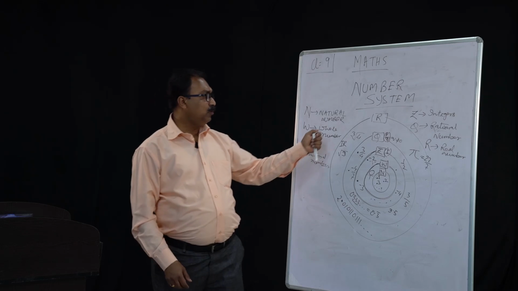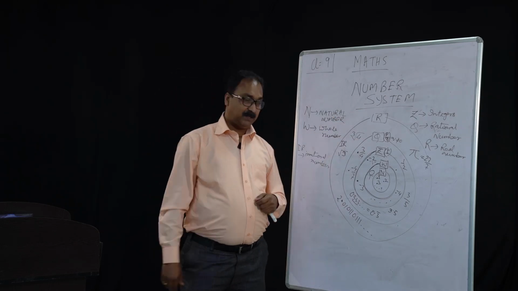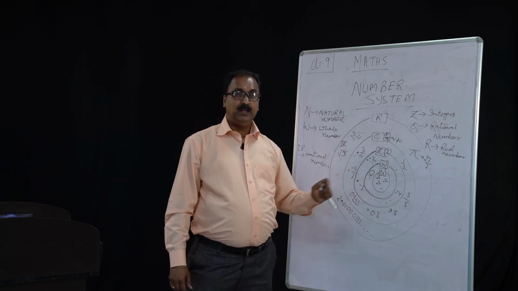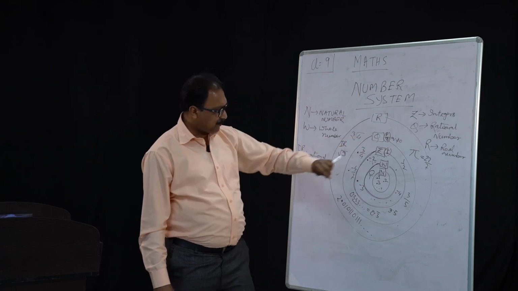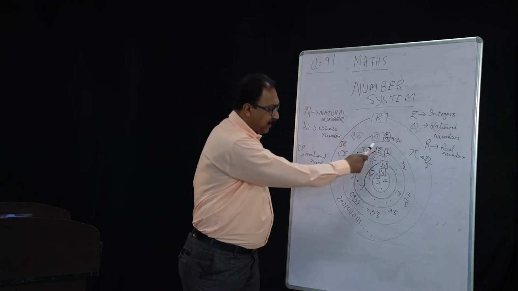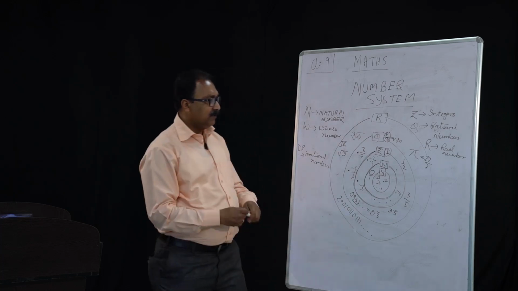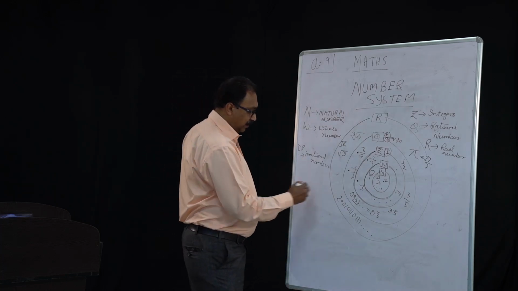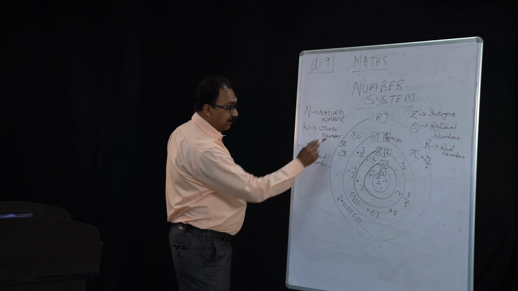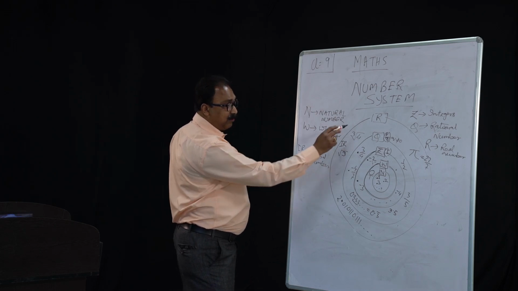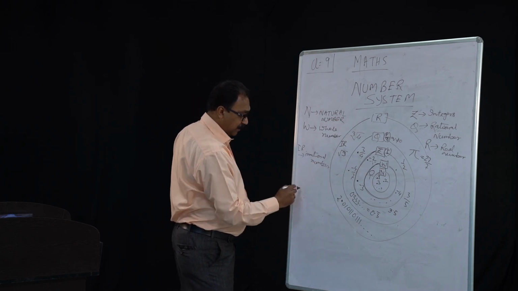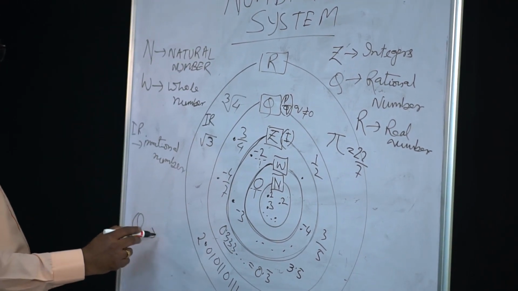Now I will come to some other numbers one by one. I told you about terminating and non-terminating. I already explained rational numbers and integers. If we make it short in one line, real numbers are all the numbers, and a rational number is in the form of p by q.